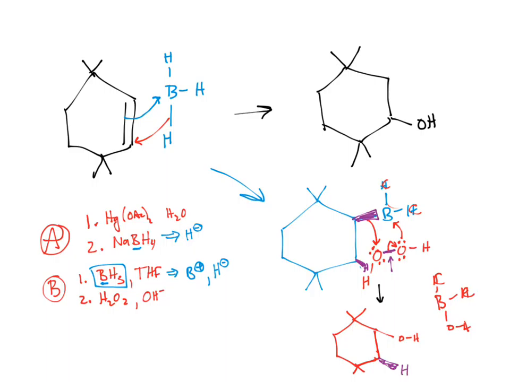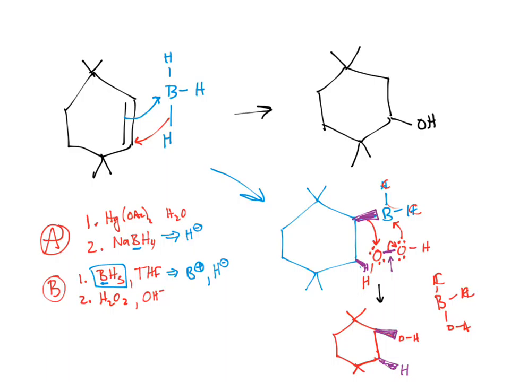Where's the OH now? Where is the OH reacting? From the boron. Is it coming in from the back side of that carbon bond? No, it's being added the same way we added the borane reagent, in a syn addition. Which means the OH stays wedged.